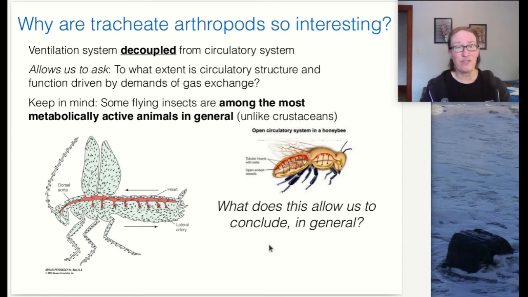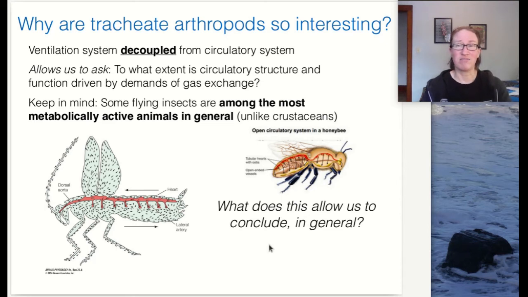So now, if circulatory structure and function are largely driven by the demands of gas exchange, here's an organism that has decoupled breathing, gas exchange, from its circulatory system. And remember that generating pressure in a circulatory system is energetically very expensive.